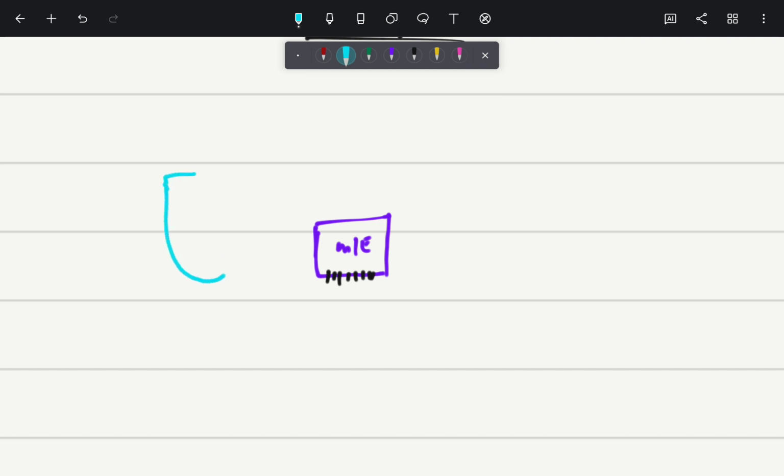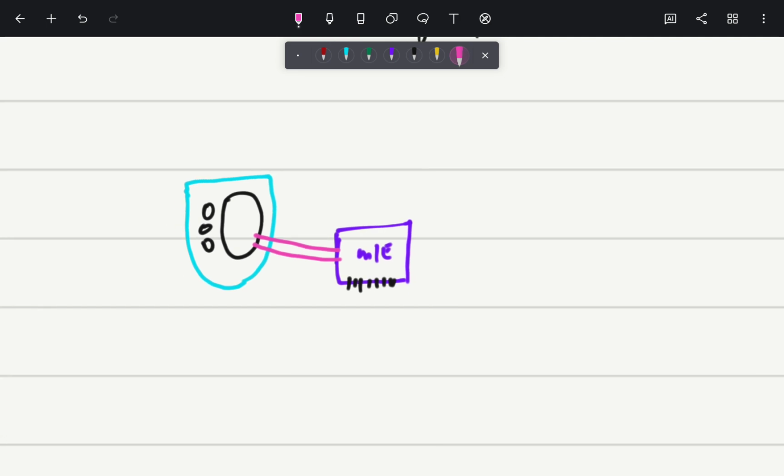Usually the mastoid is a bone in the temporal part of the skull. This mastoid usually has air cells. One of the biggest air cells present in the mastoid is your antrum. The mastoid antrum and the middle ear are connected via a tube, and this tube is called your aditus. I hope you are clear with these terms.